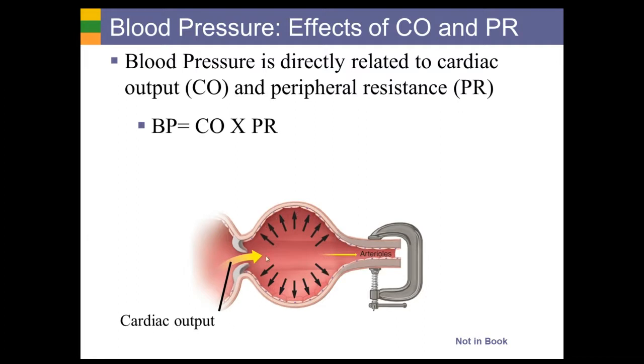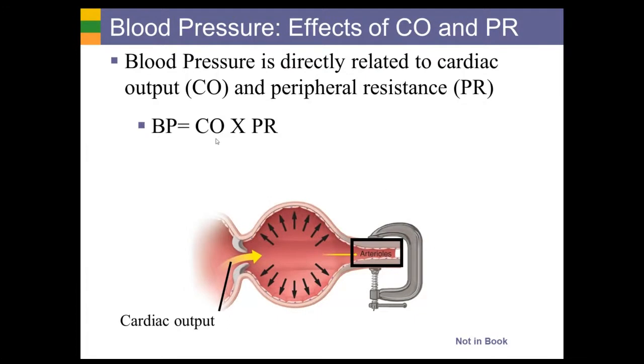Cardiac output is shown here. So blood is flowing into the arteries from the heart. Resistance to blood flow out of the arteries is mainly in the form of these arterioles. That's what this little vice grip is meant to represent, right? This is resistance to blood flow out of the arteries.